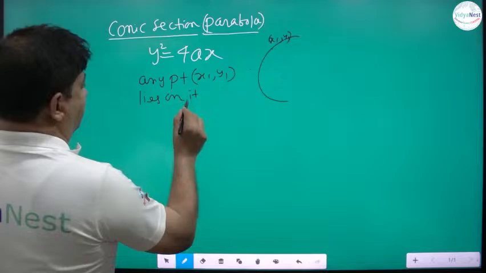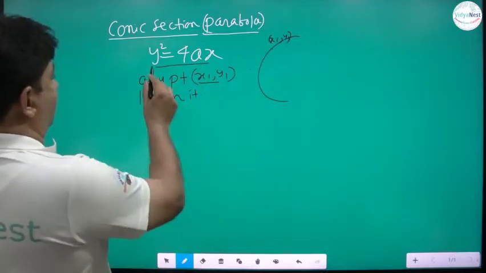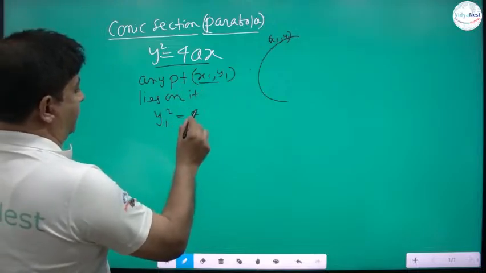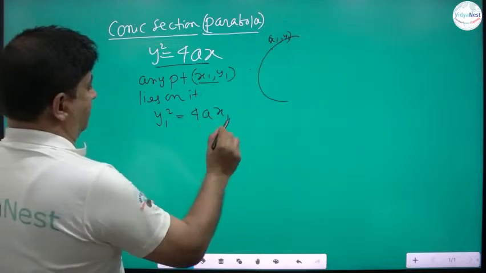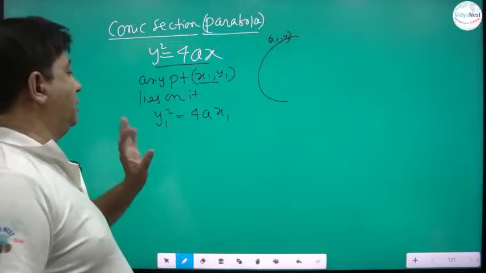That means the point will satisfy the equation. In place of y, I can put y1, in place of x, I can put x1. It is a common phenomenon. All of us know that.